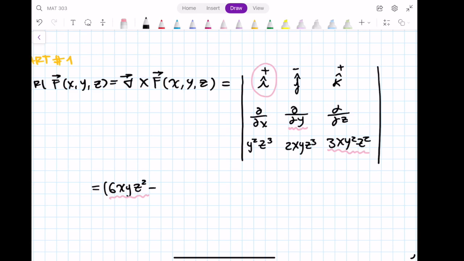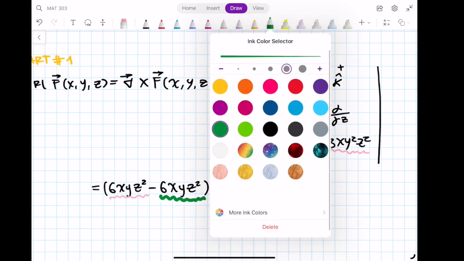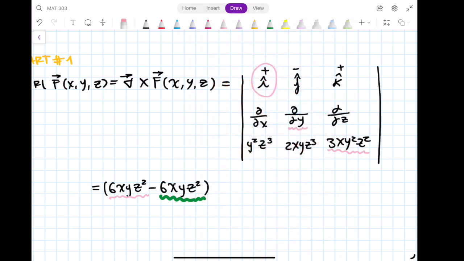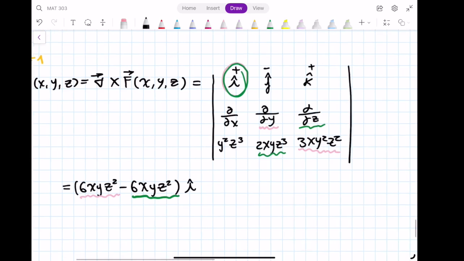So the next one will be this 6xyc squared that I got from this one and this one, the partial of c, and this one, and also will be i hat, right? So remember to put the i hat there.